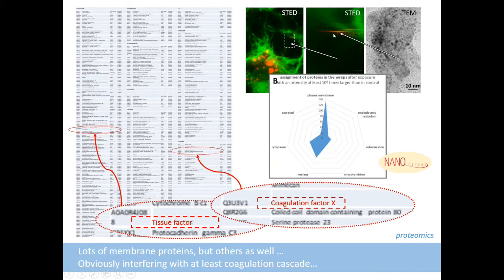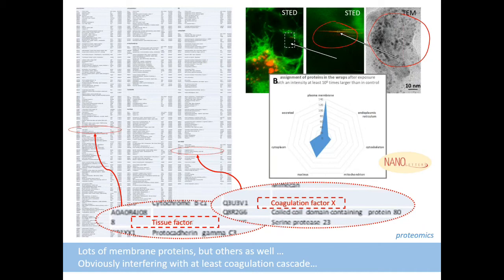After seeing these stripes in STED, we transferred the sample from the washed epithelium onto the transmission electron microscope. With TEM you have a much higher magnification, but it's not live. You can see a lot of small dots, and these are different proteins.